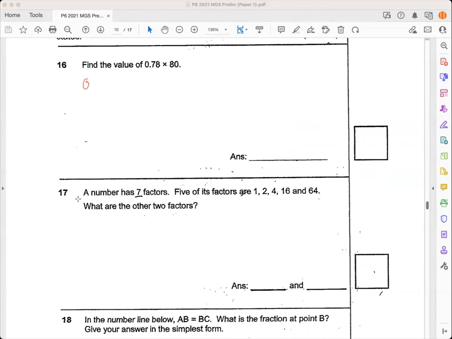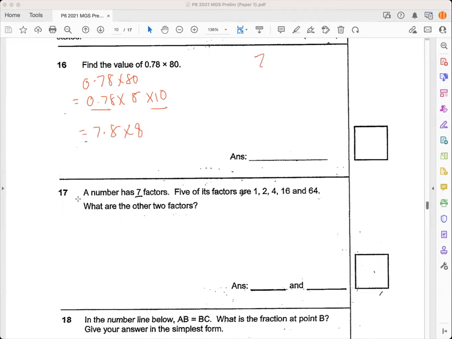So let's do 0.78 multiplied by 80. Without calculator, this is how you do it. 80 is 8 times 10. So what you do is do this first: 0.78 times 10, you get 7.8, times 8.